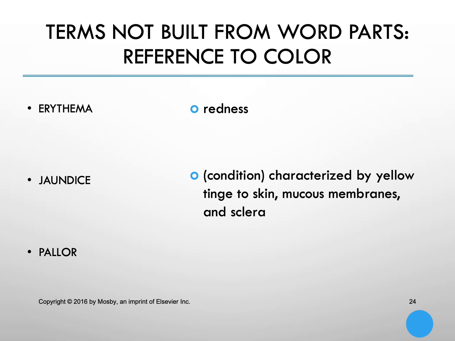That's really one of the characteristic signs that we're drawn to, that's more obvious, is when the whites of the eye become tinged with yellow, that clues us in to jaundice. Now, pallor is the term that we use for paleness.